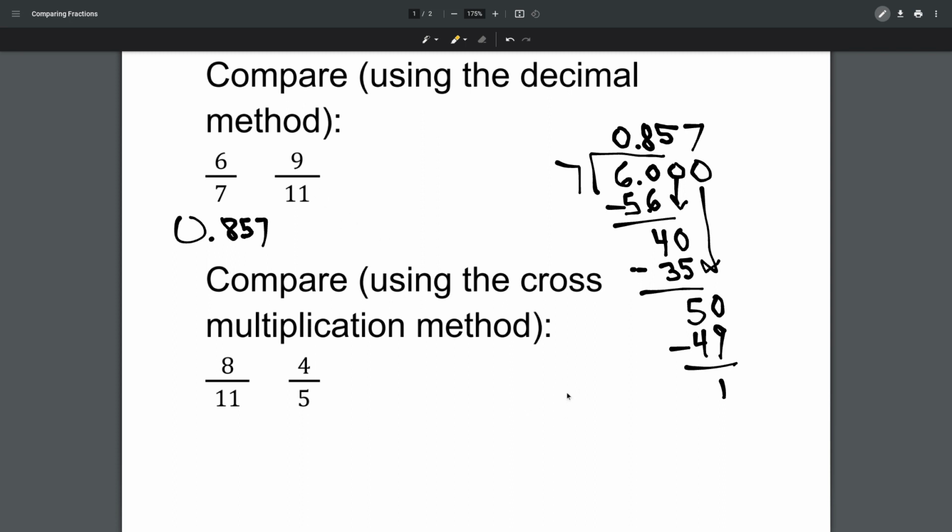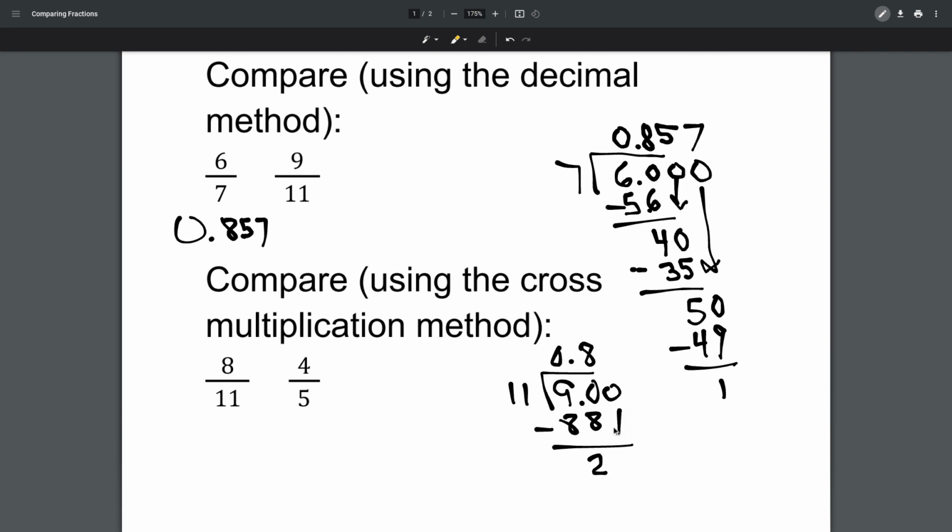All right, so next one we'll do is 9 divided by 11. 11 goes into 9 0 times, but we'll make this 90. So 11 goes into 90 8 times. 8 times 11 is 88. So we know we're starting off with the same tenths place, so we have to keep going. 90 minus 88 is 2.